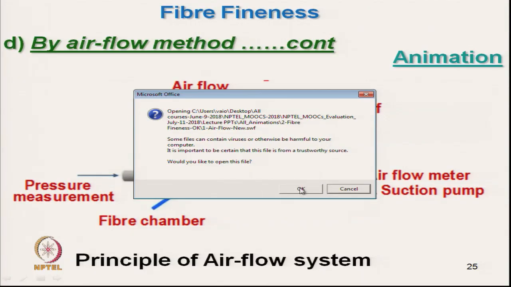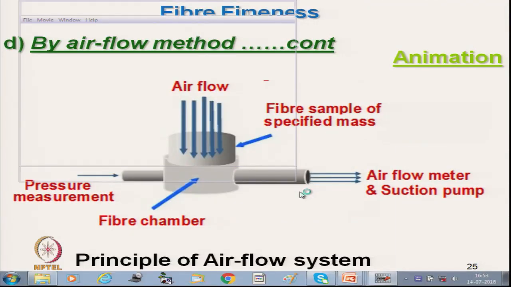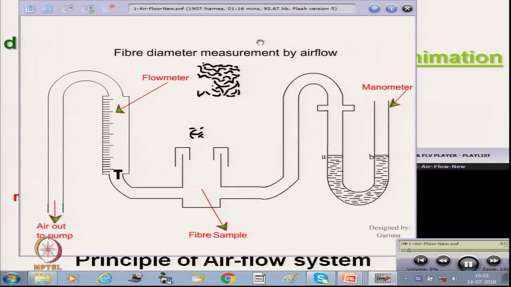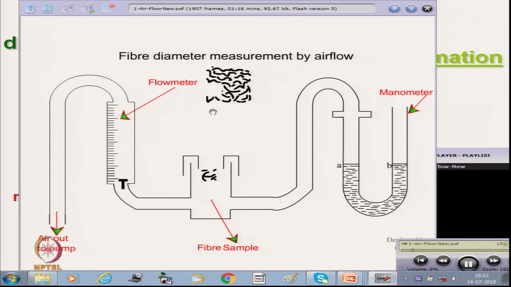Now, let us see this animation here. Fibers are packed gradually. We have taken the mass of fiber and gradually the fibers are packed.